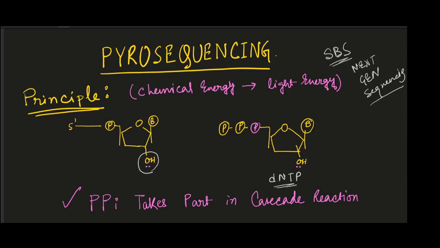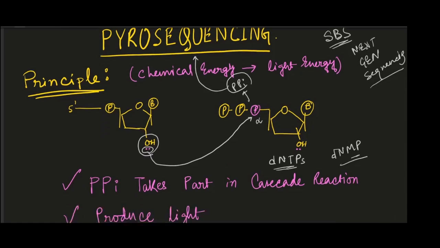Now, this 3' OH has a lone pair on its oxygen atom, and this lone pair is going to attack the alpha phosphate of the upcoming dNTP, and as a result the PPi or pyrophosphate gets released and dNMP gets incorporated in the complementary strand. Now from this pyrophosphate the name pyrosequencing came.